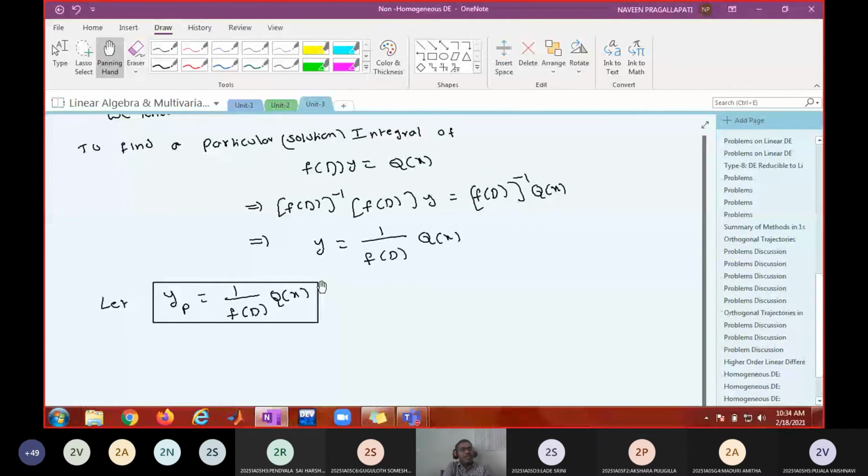We'll see those types first, then use that particular integral to find the general solution of the non-homogeneous equation. The sum of the complementary function and the particular integral is the general solution of the non-homogeneous equation. So what we want to know is the different ways of finding the particular integral. Is that fine?